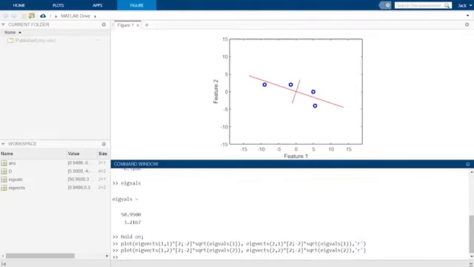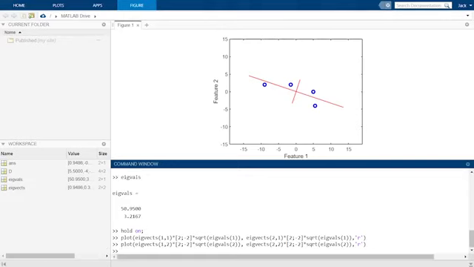The second eigenvector will be orthogonal to the first one, which means it will be at a right angle to the first one. And again, the eigenvalue will tell us how much variance there is in this direction in the dataset. Here we see an orthogonal line that is much shorter than the first one. That's because our data have less variance in this direction than in the first eigenvector direction.